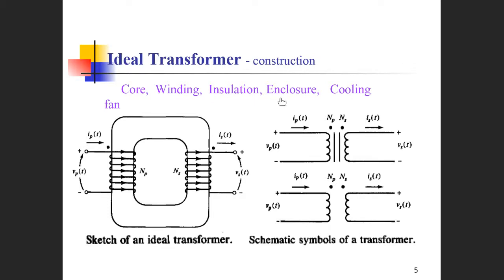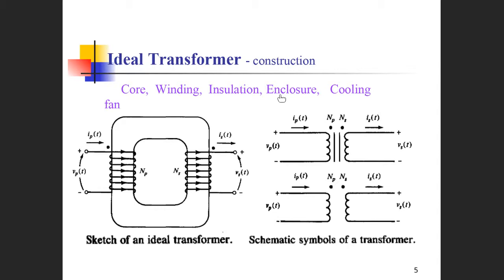Enclosures: generally the transformer enclosure is not copper, it's not aluminum, it always uses steel materials, cast steel materials, which serve like the core materials, and can enclose not just the transformer parts, but also the magnetic fields. Because the steel materials can attract the magnetic fields running inside of it.